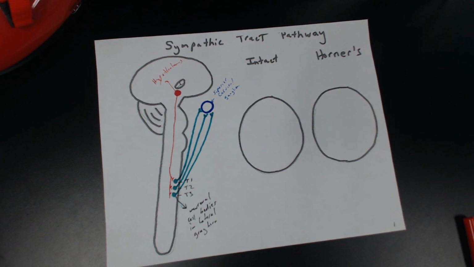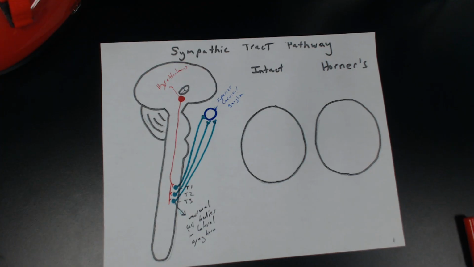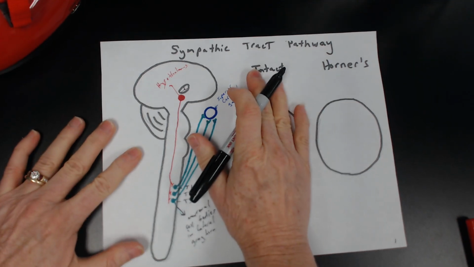Okay, and in the intact situation, neuronal cell bodies in the superior cervical ganglion send out axons that synapse specifically with 3 different things. Okay, looking here in the intact face.